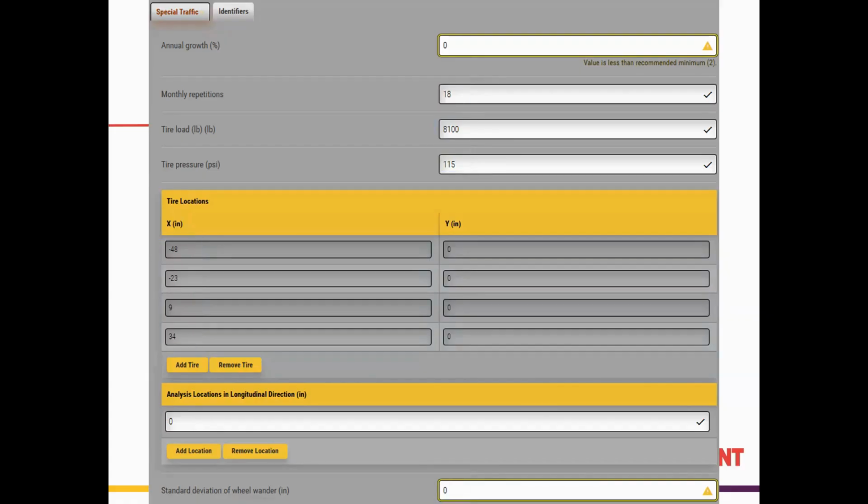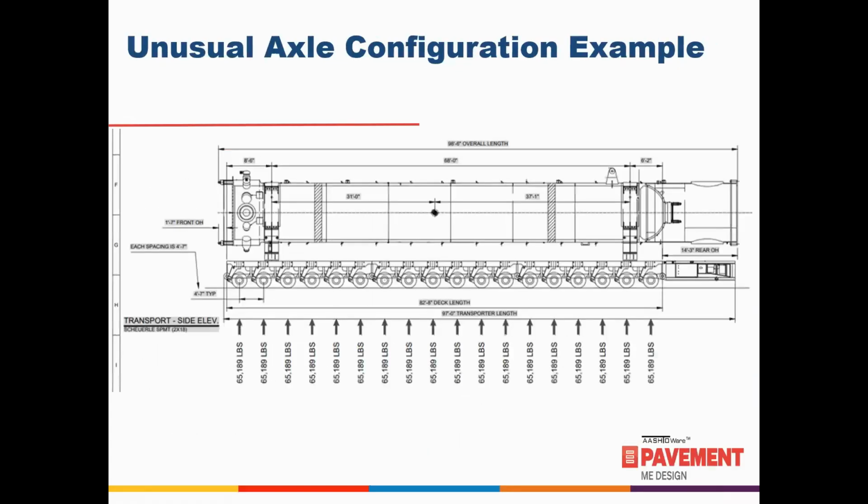Now, I just want to go back here quickly and look at this device again. If we were to use the regular traffic model, and let's say that the maximum loads were more reasonable. Let's say each single axle load was actually 41,000. So there's a bin for that, and we can apply that within the regular traffic model. We have 18 total single axles.